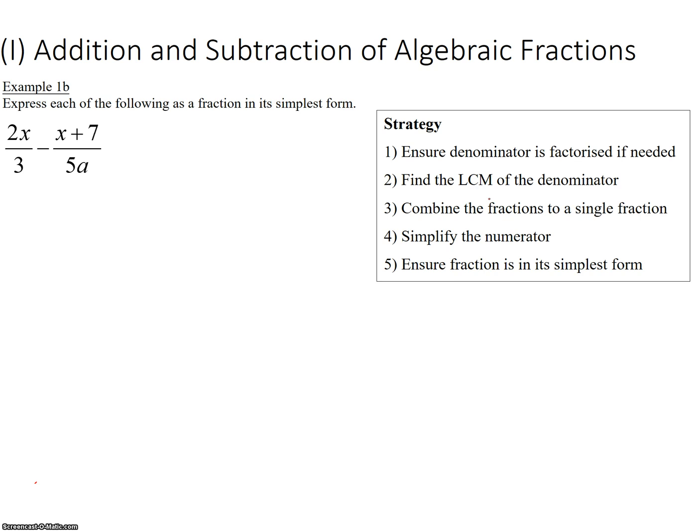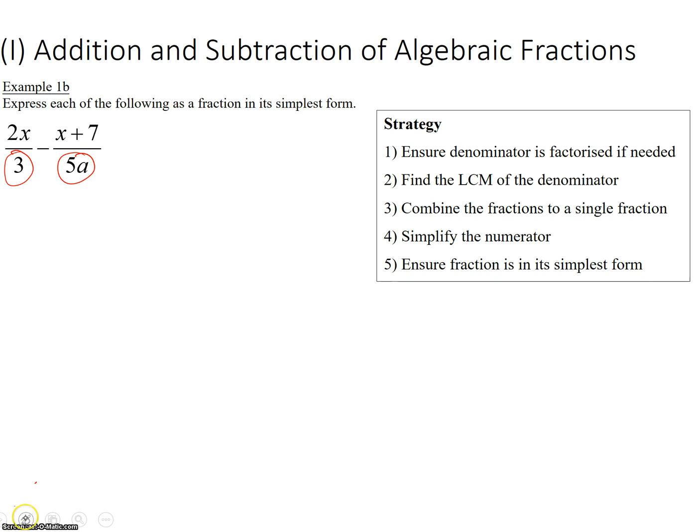So let's take a look at some examples. The first example I'll be looking at will be example 1b on page 1. We need to express this in its simplest form. In order for us to combine two fractions into one, firstly, you need to make sure that the denominator is factorized. In this case, your denominators are 3 and 5a.